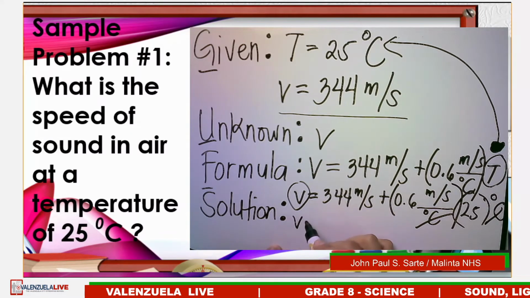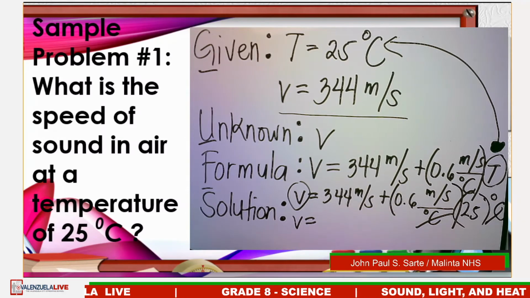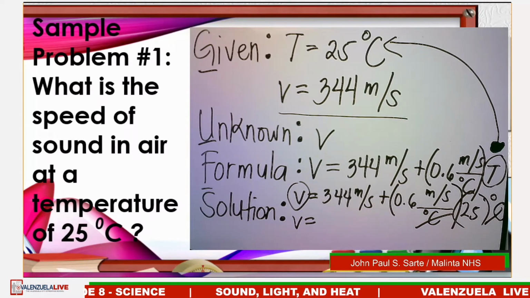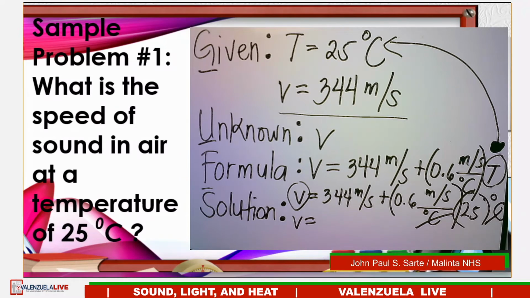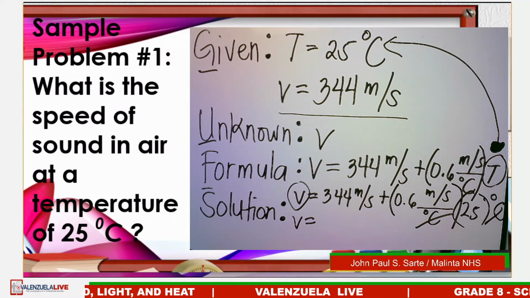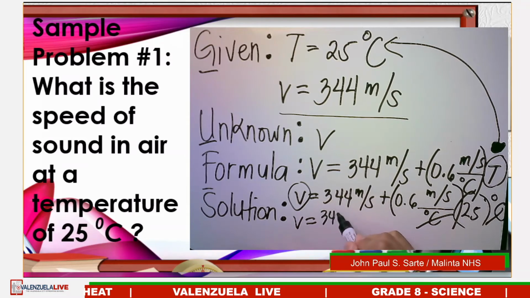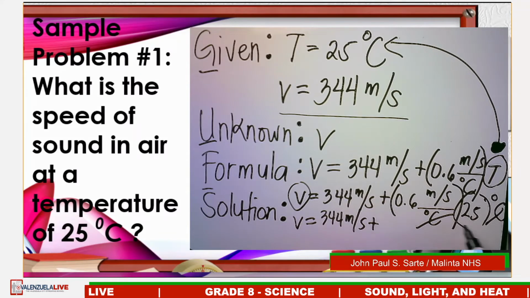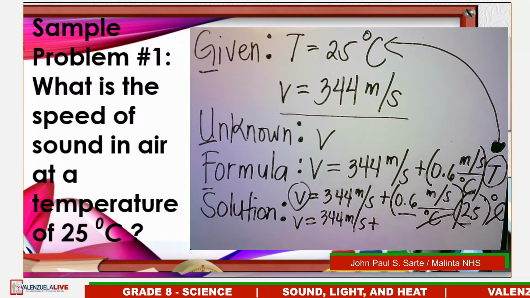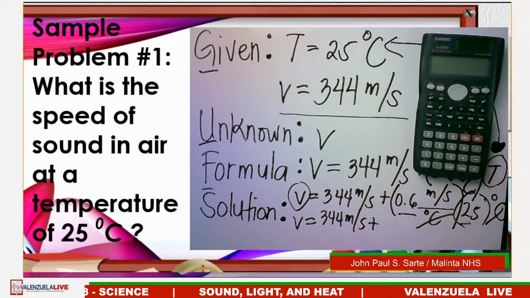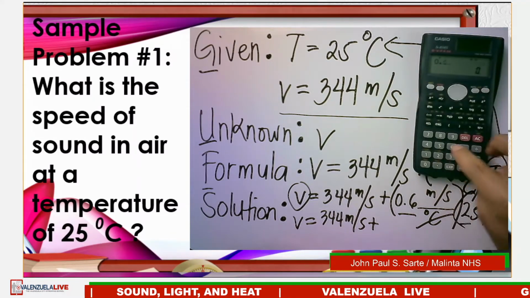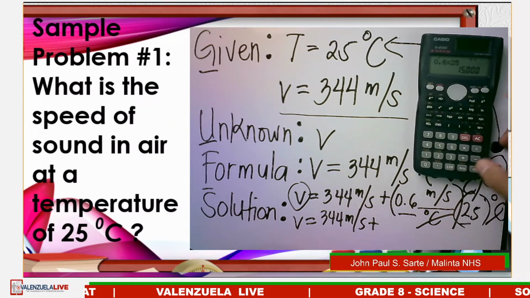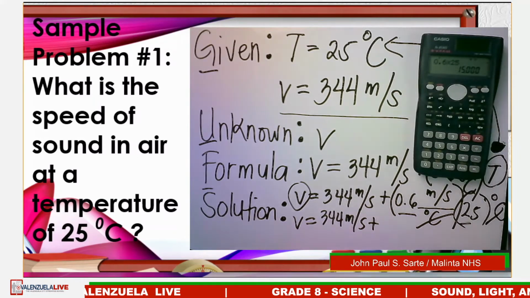Now, we need to multiply first, using what we so-called GEMDAS or PEMDAS. GEMDAS stands for group, exponent, multiplication, division, addition, and subtraction. So, 344 meters per second added to 0.6 multiplied by 25. What should be the answer? Let us compute. 0.6 multiplied by 25, the answer would be 15.